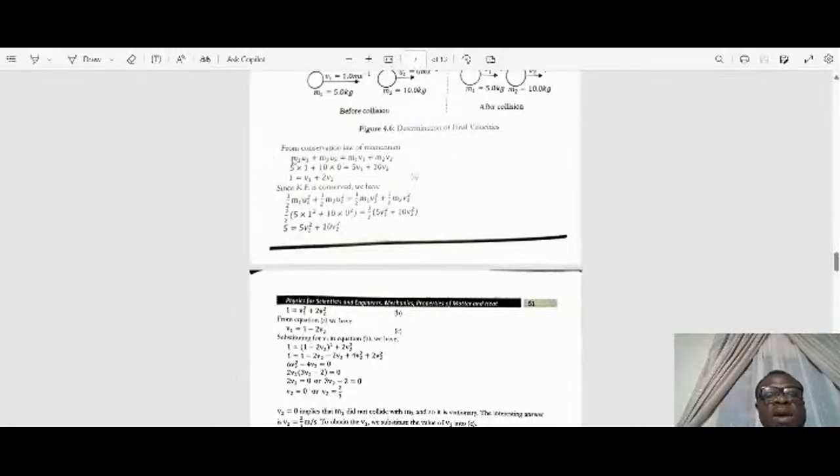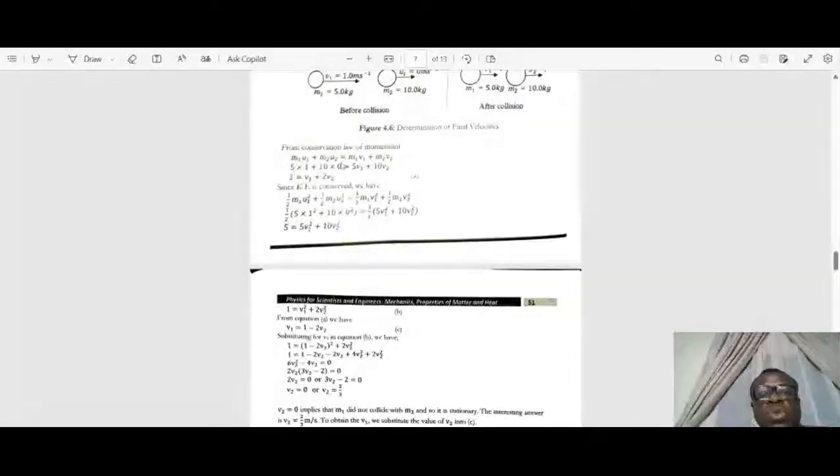So from the conservation law of momentum, m1 u1 plus m2 u2 is equal to m1 v1 plus m2 v2. That is for momentum. Mass 1 is given as 5, u1 is given as 1, that is 5 times 1, plus m2 is given as 10, and u2 is 0 because mass m2 was stationary.